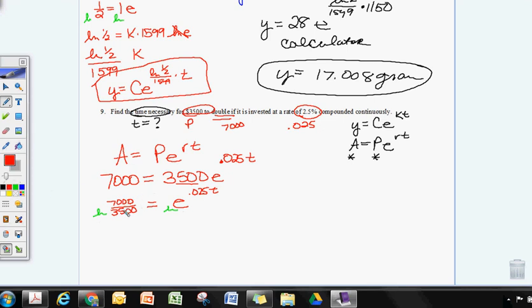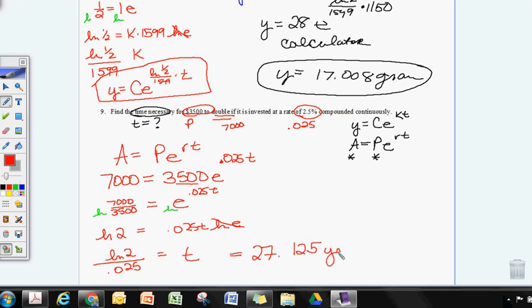And guys, this turns out to be the natural log of 2 equals 0.025t natural log of E, which is 1. My time is going to be the natural log of 2 divided by 0.025. And that time turns out to be on my calculator 27.125 years.